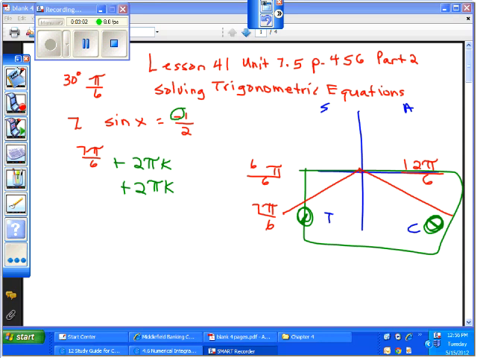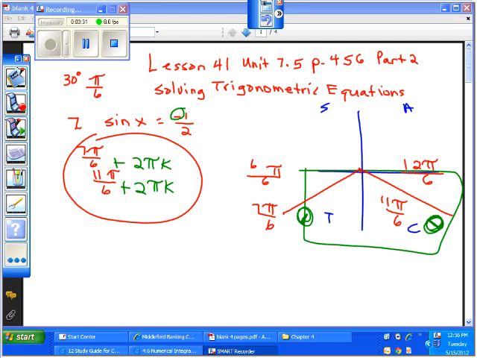And then the plus 2 pi k around and around. When we're in quadrant 4, we want to be 1 pi less than 12 pi over 6, which would be 11 pi over 6. And then around and around. So this is the set of all values of x that would make that true.